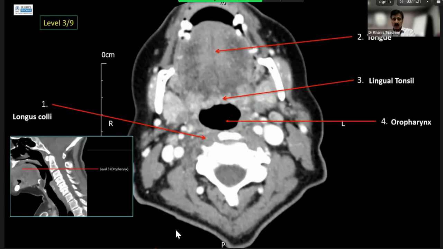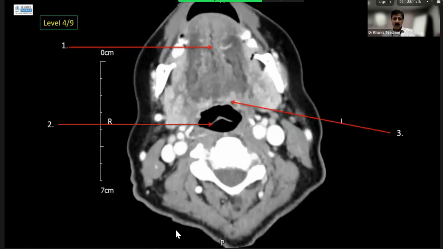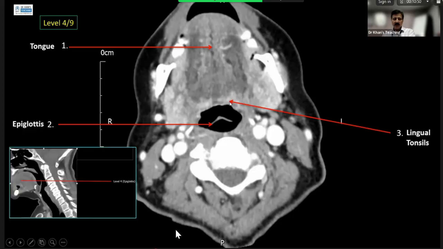Lingual tonsil. Very good. Level 4. What is number 1? Tongue. Okay. What is this? Number 2. Epiglottis. And what is this? High density posterior to the tongue. Excellent. So lingual tonsil, tongue, and epiglottis.